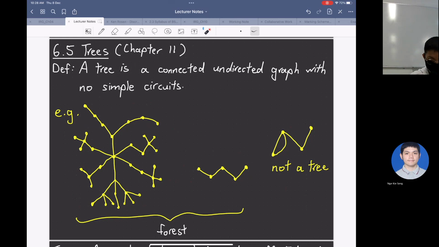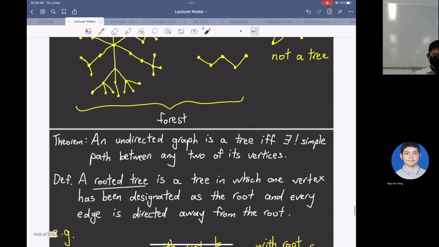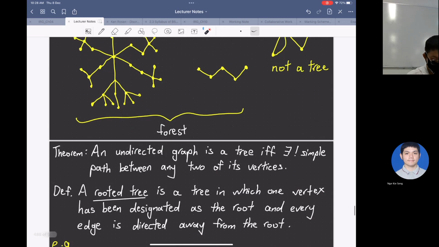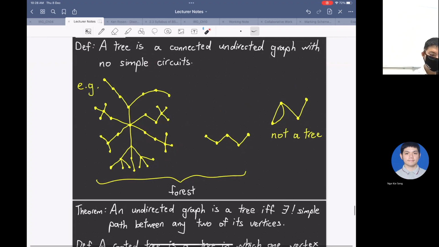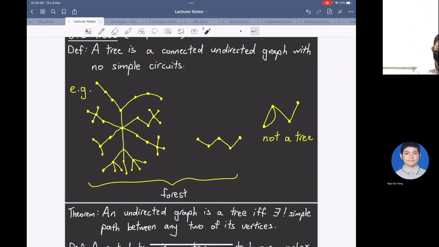So you see that this definition is quite simple, right? But you can deduce one consequence from it. An undirected graph is a tree if and only if, remember, if and only if is equivalent, there's a unique simple path between two vertices.